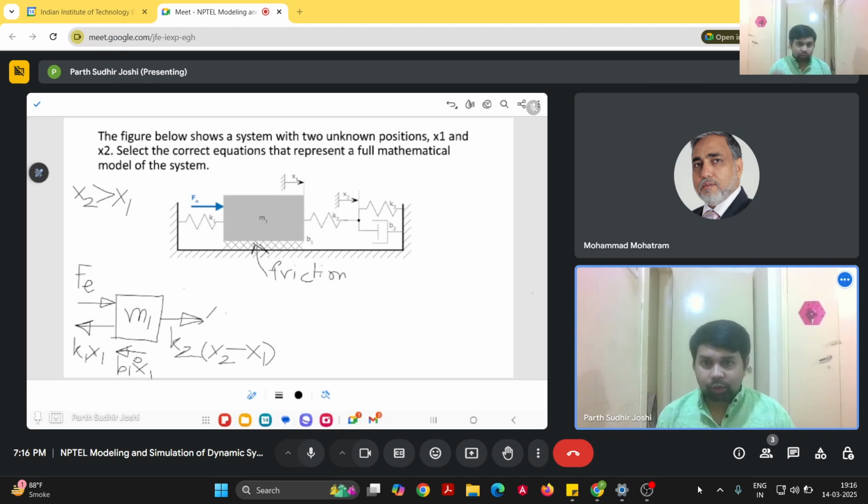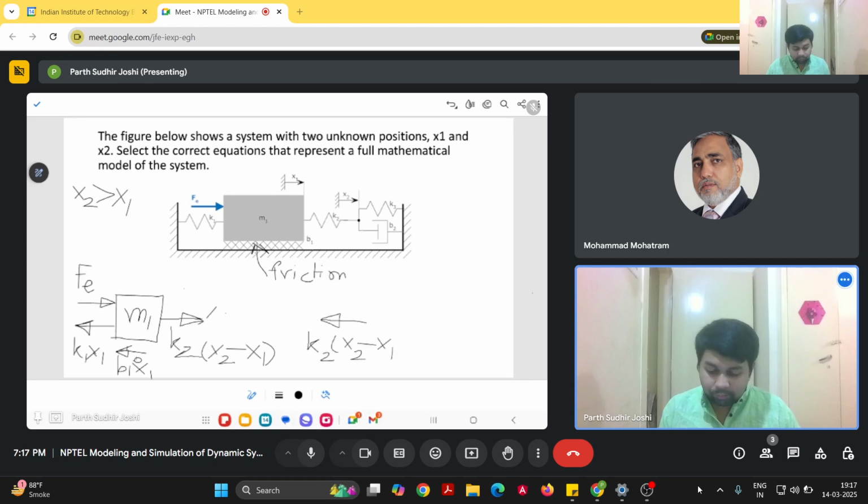Then the forces exerted by the spring K2, K3 and the damper B2 will be in equilibrium. Because there is no mass at that point, and net force would be mass into acceleration, there will be no acceleration.